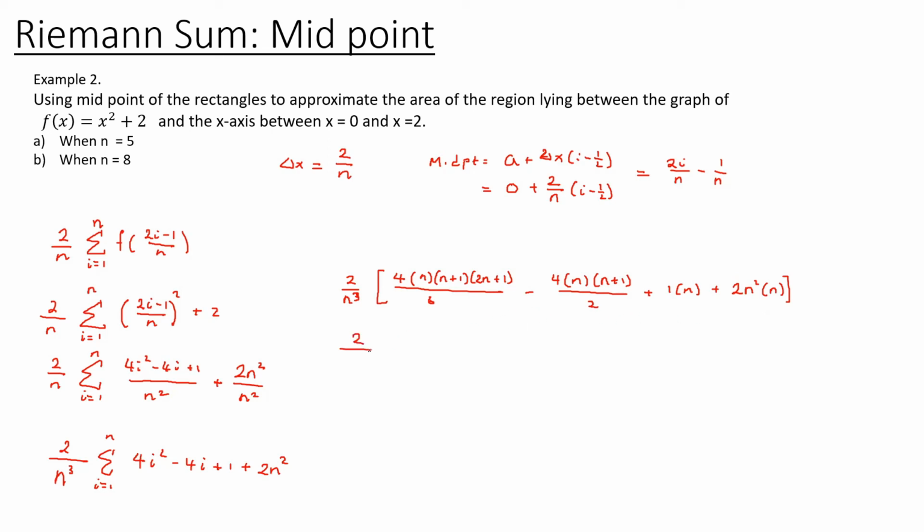So we have 2 over n to the third. We have 4 over 6, which is 2 over 3.